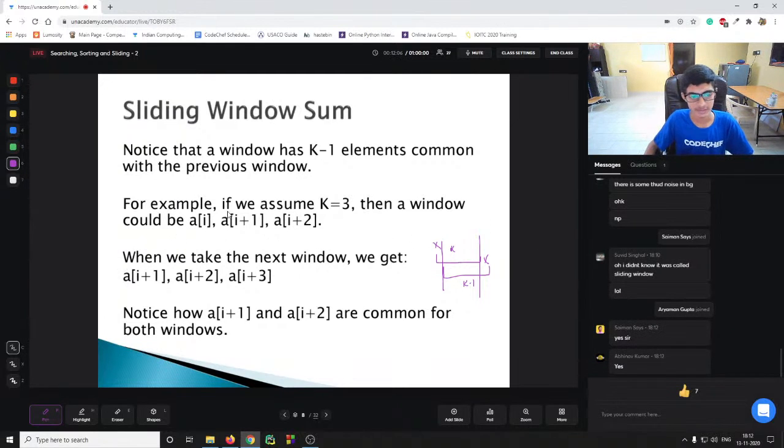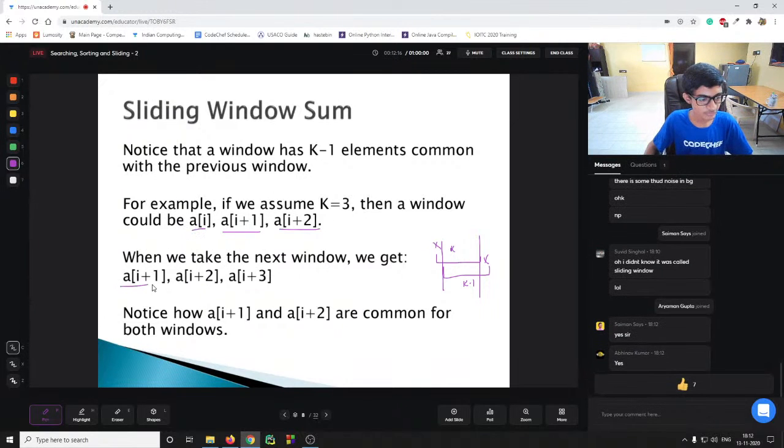So for example, if k equals 3, a window could be a of i, a of i plus 1, and a of i plus 2. The next window from this window would be a of i plus 1, a of i plus 2, and a of i plus 3. We are just adding one value to each window. So this is the first window and this is the second window.